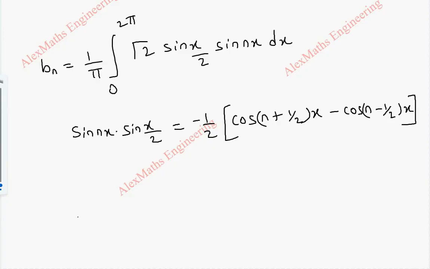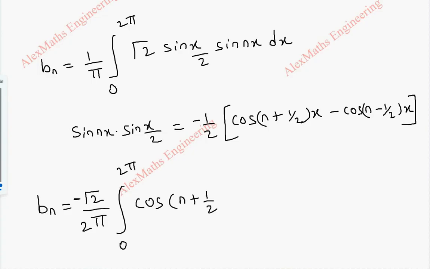So coming to Bn, this will be root 2 by pi integral 0 to 2 pi, and that's a minus 1 by 2. So we keep minus here and 2 here. Now it is cos of n plus half x minus cos of n minus half x dx.